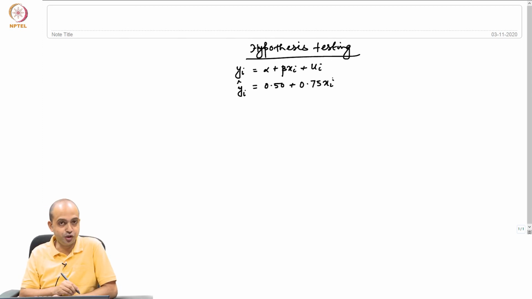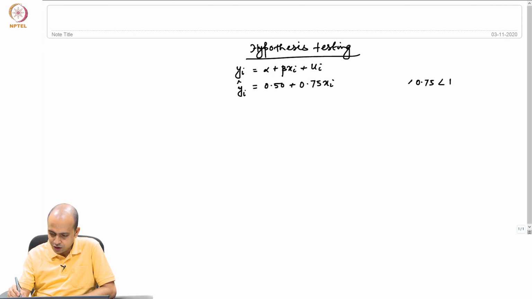This is your estimated model. From this model you can see that 0.75 is less than 1, but greater than 0, which we were expecting from the Keynesian consumption function hypothesis.